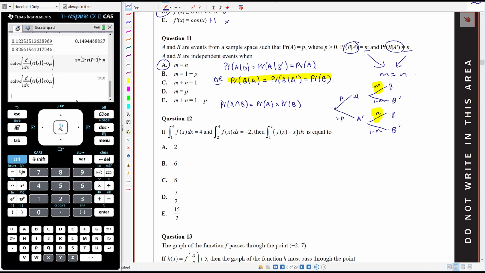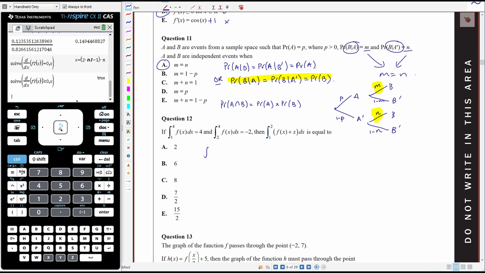If the integral of f of x from 1 to 4 is 4, and the integral of f of x from 2 to 4 is negative 2, then the integral of f of x plus x from 1 to 2 is... Okay, so we need a couple of things here. These two things together tell us about the integral of f of x from 1 to 2.